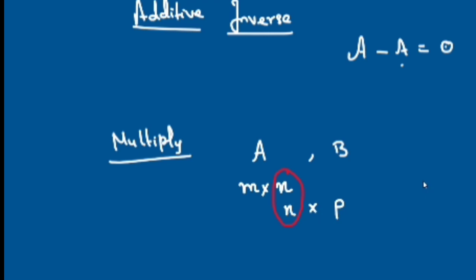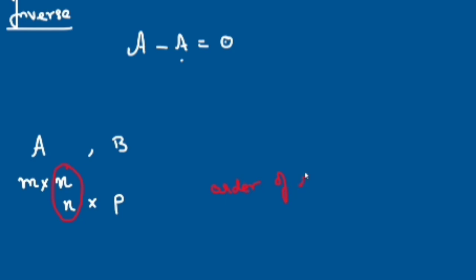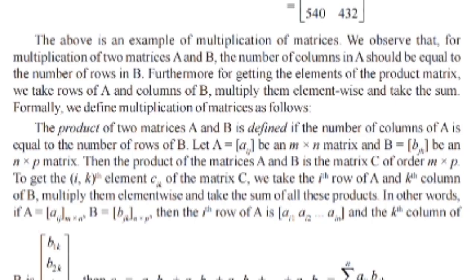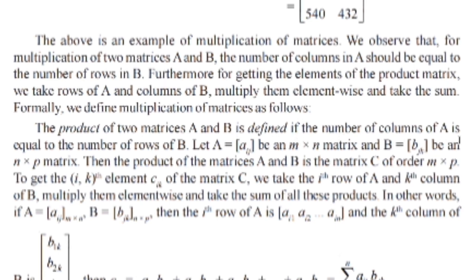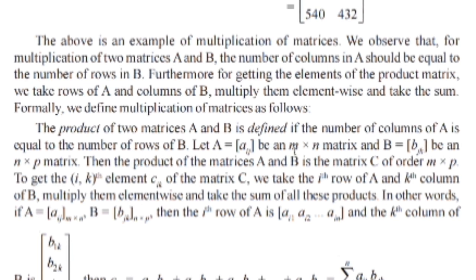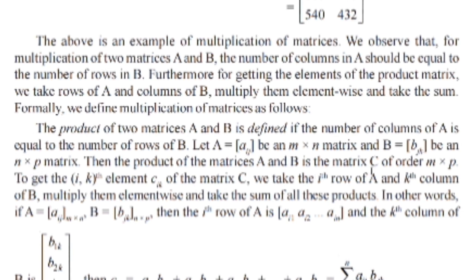Its order will be M into P. The product of two matrices A and B is defined if the number of columns of A, the first matrix, is equal to the number of rows of B. So if A is a matrix of order M by N and B is a matrix of order N by P, then the product matrix C will be of order M into P.